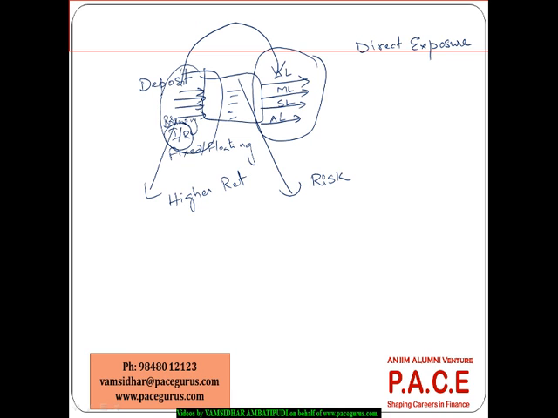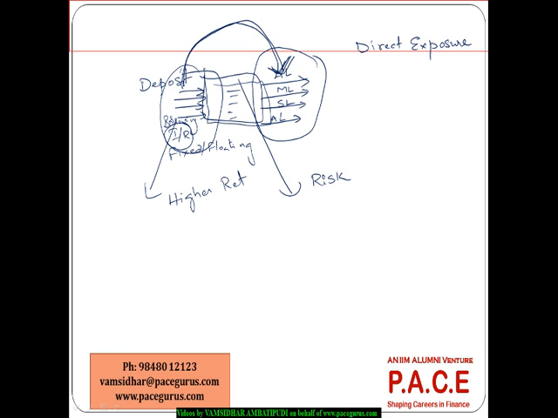Now, this securitization is actually bridging the relationship between the lenders and the borrowers directly. Because of this, instead of the bank taking the risk, it is transferring the risk directly to the lenders.